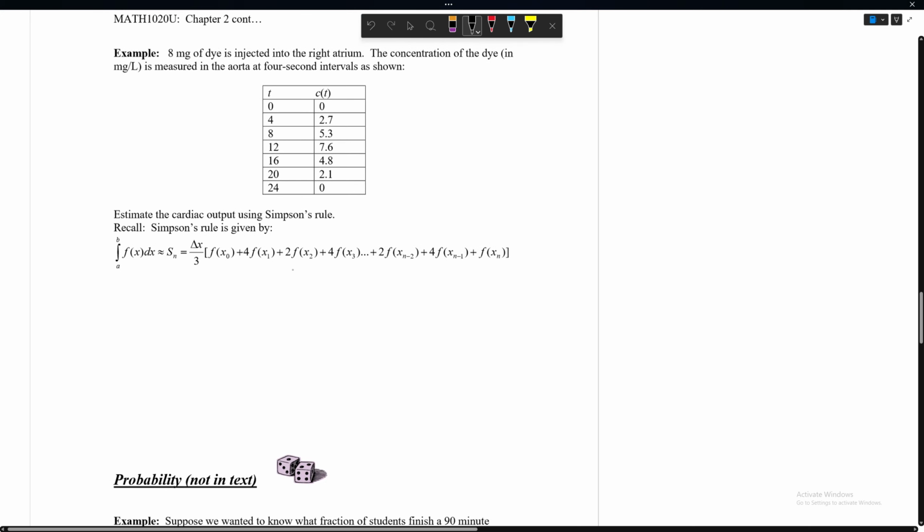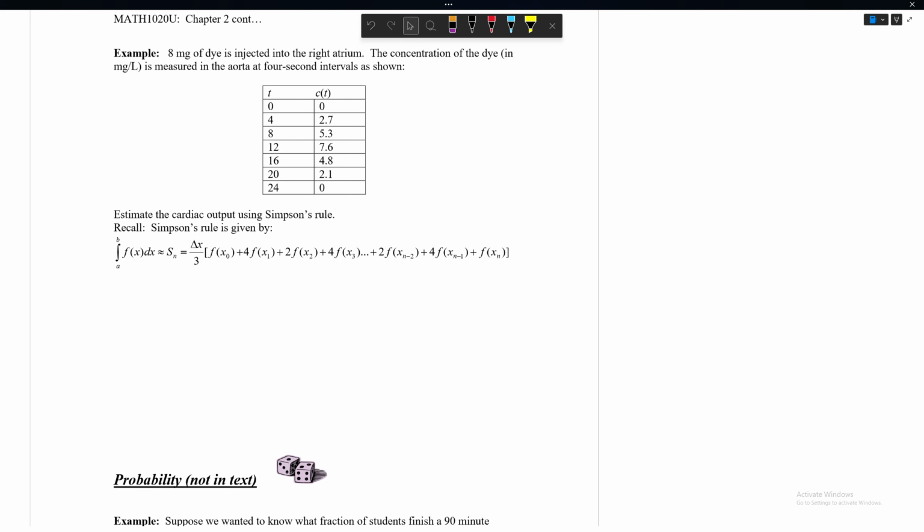Now, coming to this one is not too spicy, to be honest. The only difference is you're using Simpson's rule. So if I were to apply the equation, F equals A over the integral from 0 to T of c(t) dt. Your A will be 8, so I'll have 8 over, and then what are my bounds?